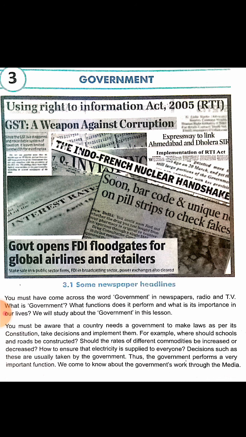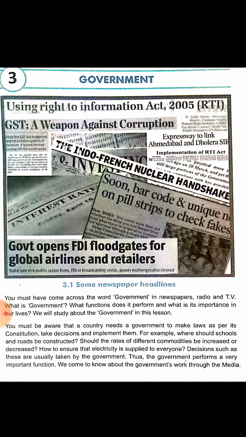You must be aware that a country needs a government to make laws as per its constitution, take decisions and implement them. Just underline that one, the second paragraph, first 2 lines.